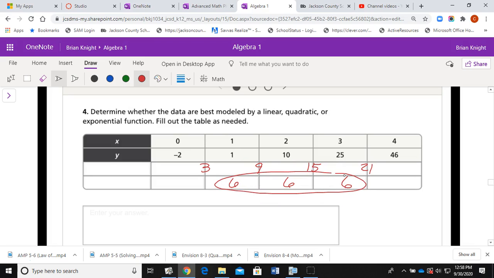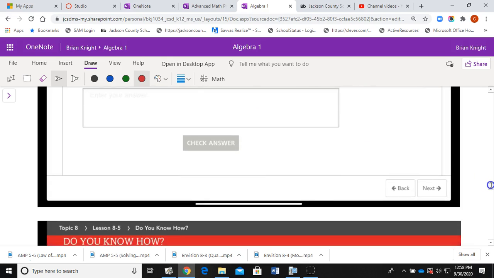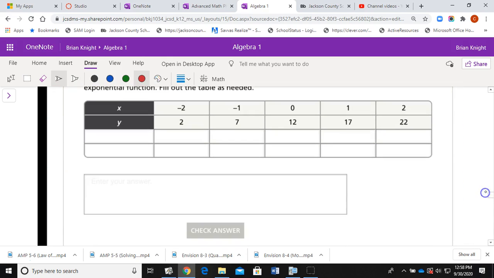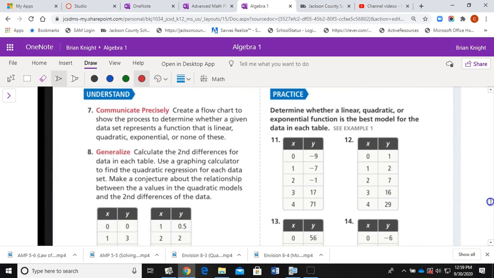They're all the same, so it has to be a quadratic. Let's do another. How much did it go up by? 5, 5, 5, 5. So it's a linear.